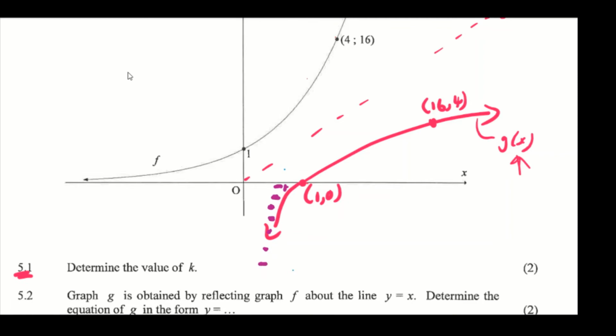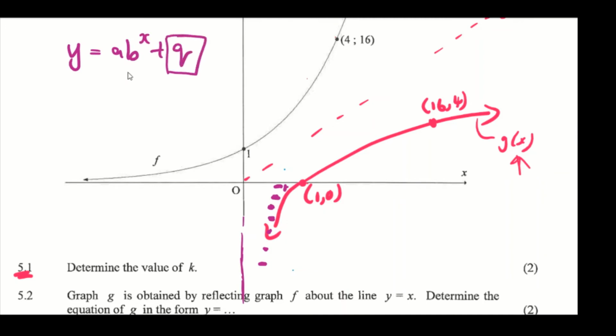But we know very well that this graph doesn't touch this y-axis, right? Why? Because it's an inverse, and remember that we're having an exponential equation. The normal exponential equation is a b to the power of x plus q, right?